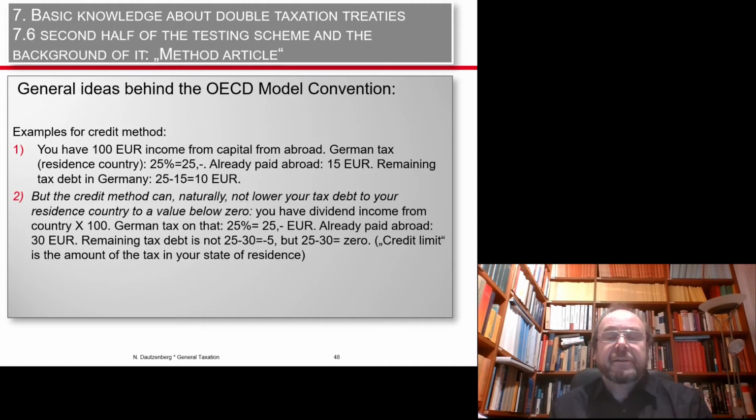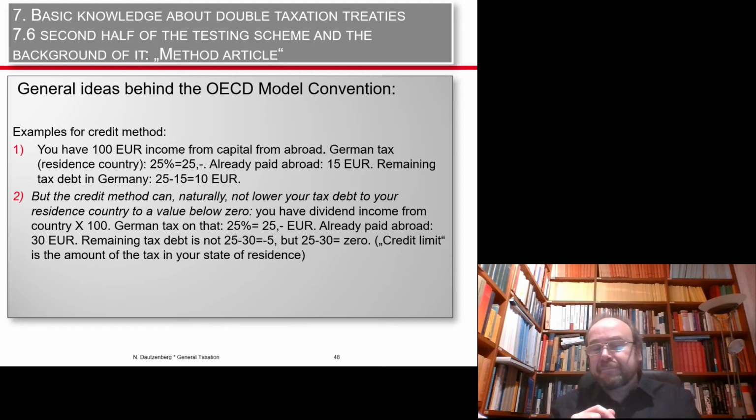That would work in the following way. Imagine you have 100 euro income from capital. Under German law, 25%, so 25 euro are due. Now you already paid abroad 15 euro, so the calculation is: 25 are owed, 15 can be credited as already paid abroad, so the remaining difference, which I still have to pay in Germany, is 10 euro.